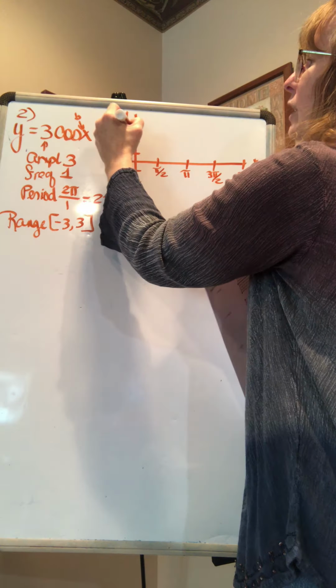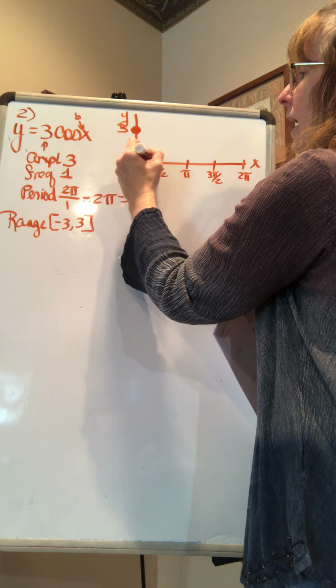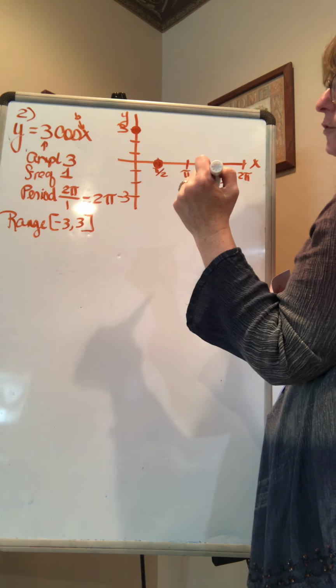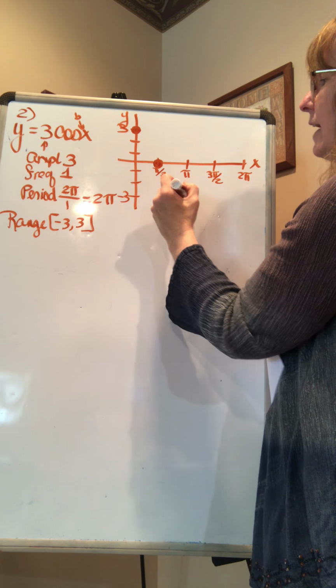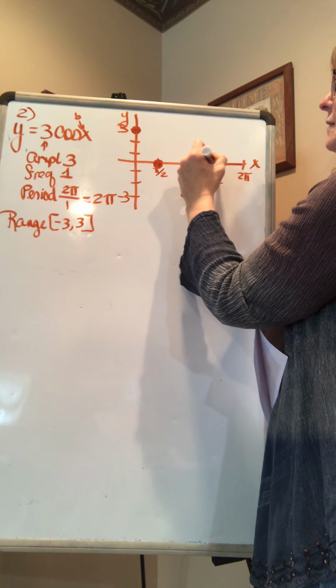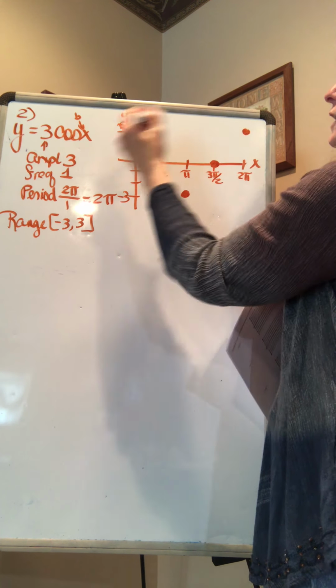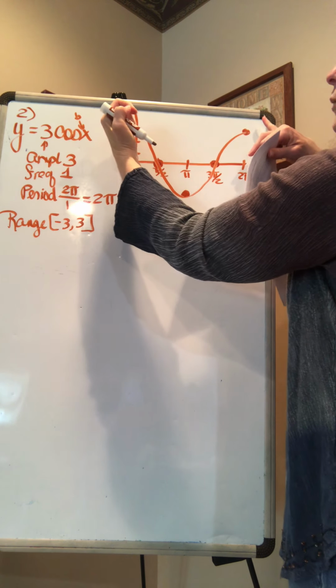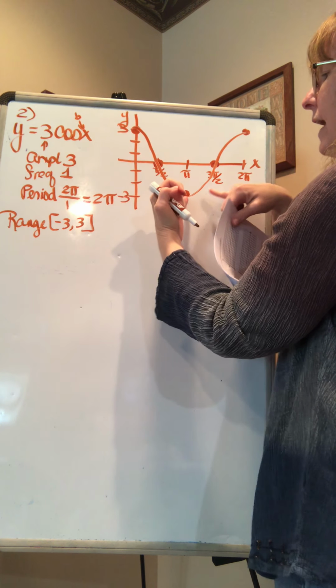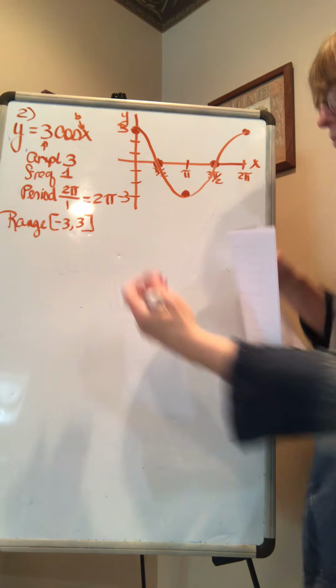That means I'm going to start at 3. Then I go 0. 0 times 3 is 0. Then I hit -1. -1 times 3 is -3. Back to 0. Back up to 3. Cosine begins and ends in the same place. So if I begin high, I end high, and halfway in between, I'm down low.